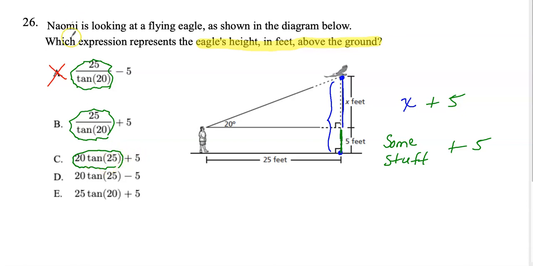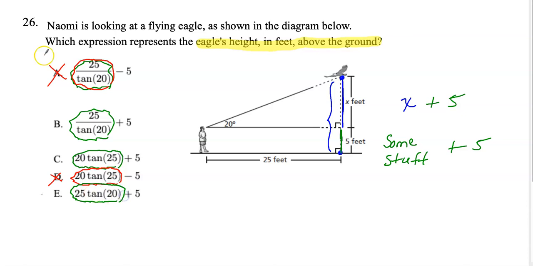And hopefully you can see I can get rid of D, because D is some stuff minus 5, right? Some stuff minus 5. I can get rid of this one. I'll circle this in red too. And E is some stuff plus 5. So I would have to keep E.